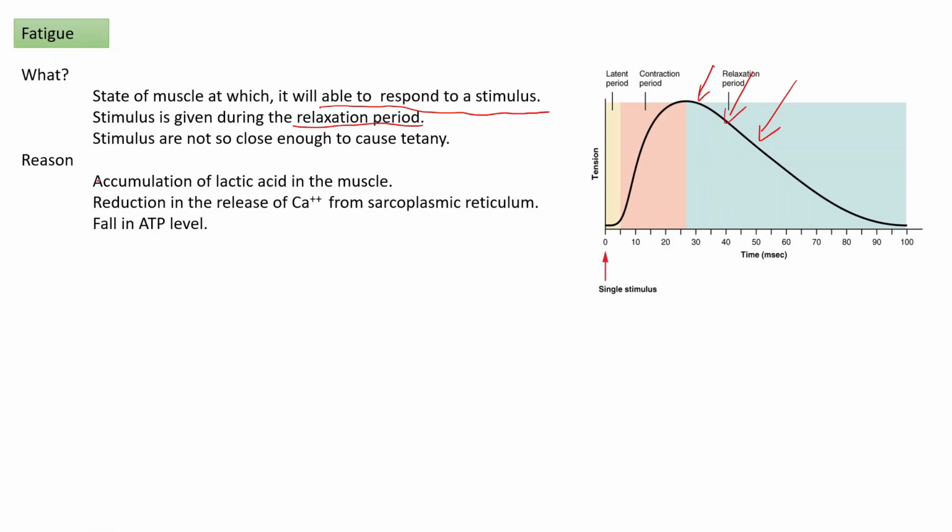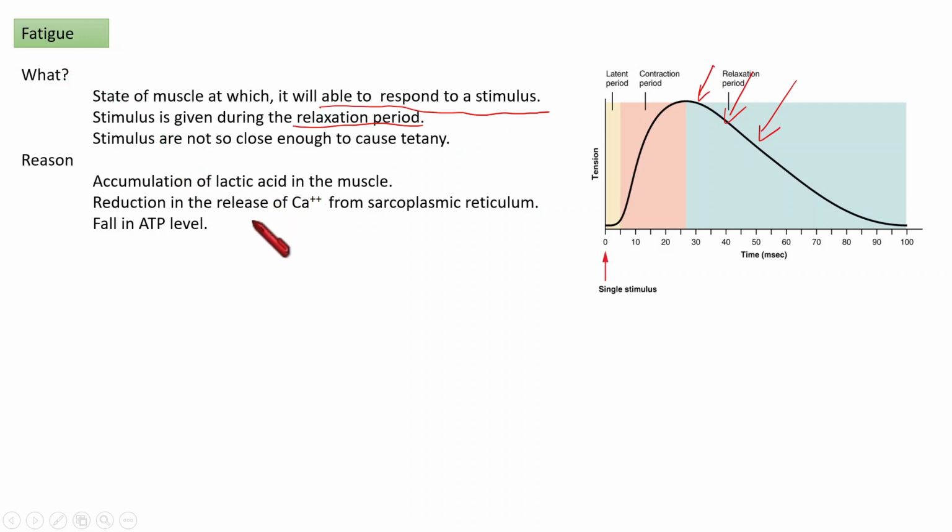Then what are the reasons for a muscle to come to this fatigue condition? Three reasons are there. One, we already learned in the former videos, during vigorous exercise, as the muscle depends on anaerobic glycolysis or anaerobic metabolism, that will lead to the accumulation of lactic acid. And that is one reason for fatigue.